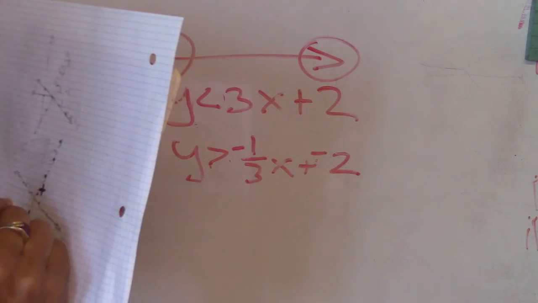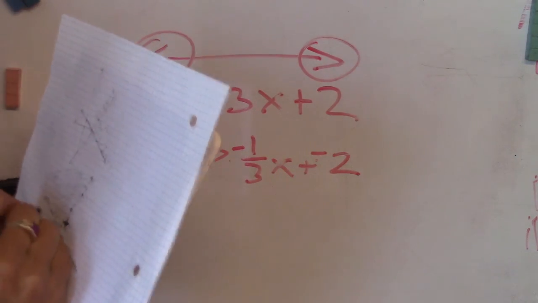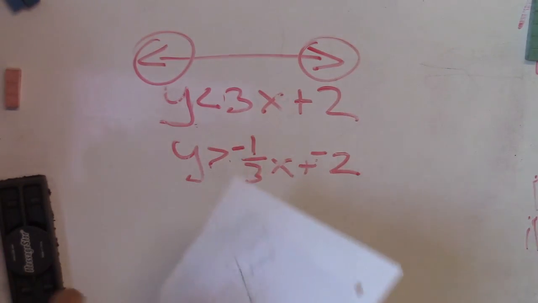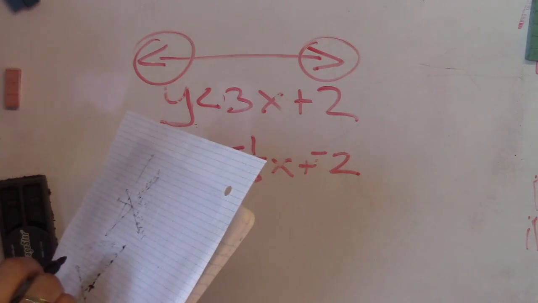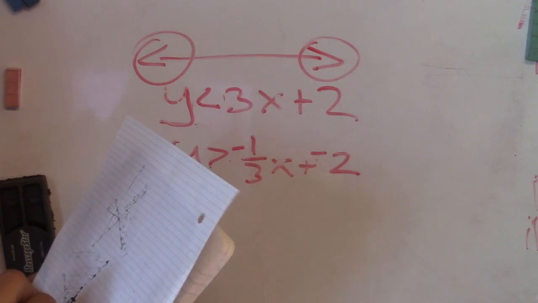So, y is... And then, what's the solution to this? What's my solution set? In other words, where do the lines cross?